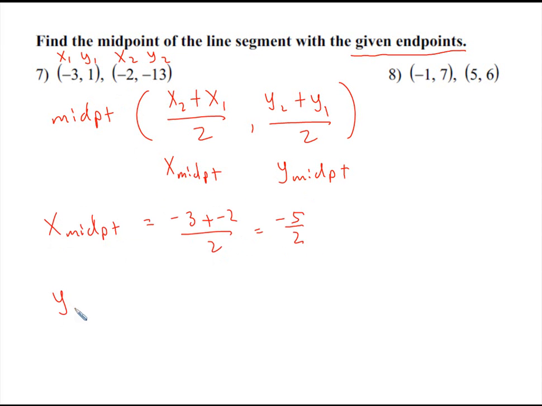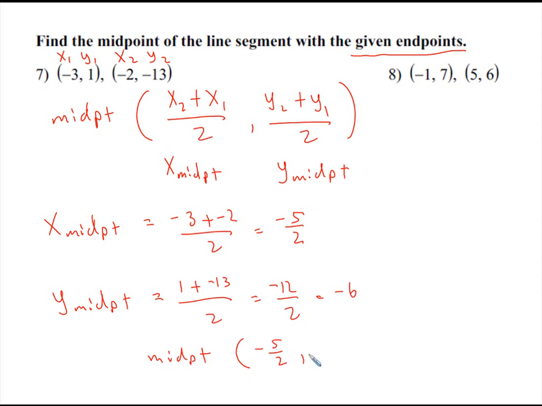To find the y value of the midpoint, we take the y's and we add them up. So 1 plus -13 divided by 2, we get -12 divided by 2, so we get -6. So we know our midpoint, the coordinates will be -5/2 for x, and y will be -6.